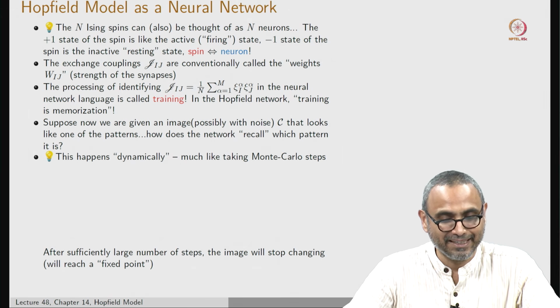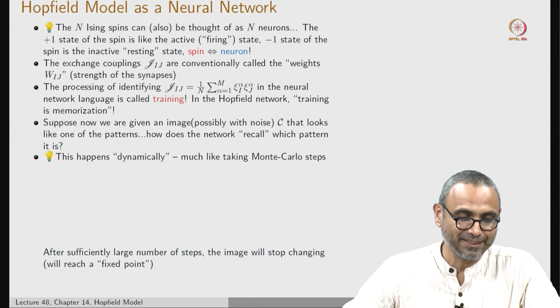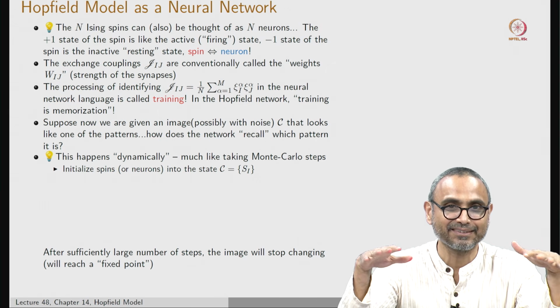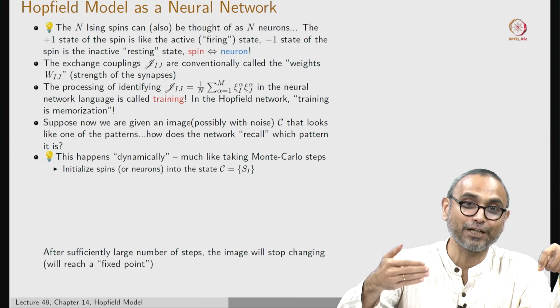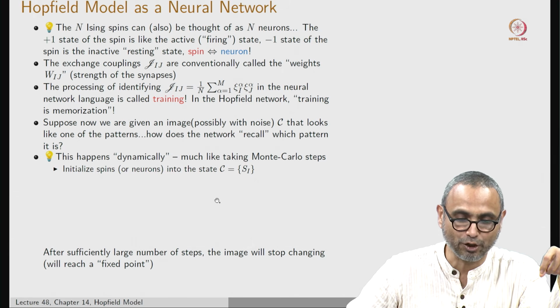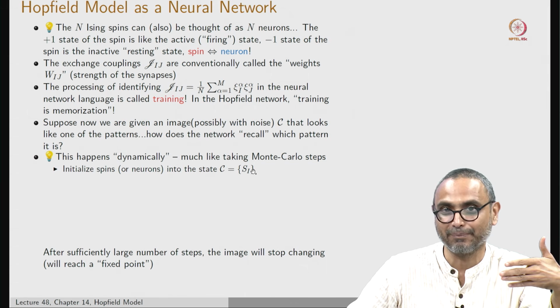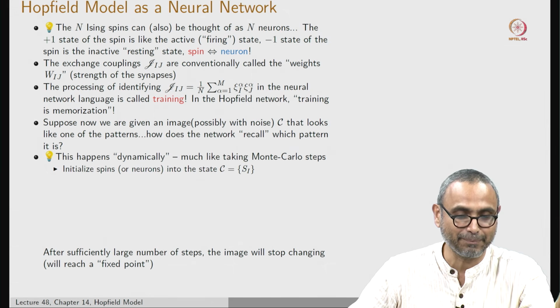Now I am going to show you that this is done dynamically. What do you do? You initialize the neurons, that is the spins, in the state corresponding to the image that is given to you, and that is this configuration C, which is the set of spins. This is the image that you are giving me. This may or may not be one of the patterns that has been memorized.